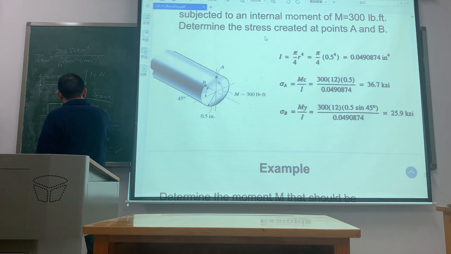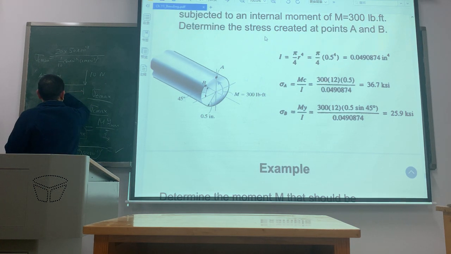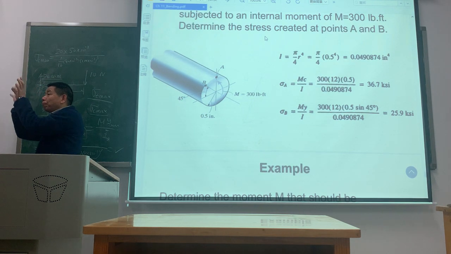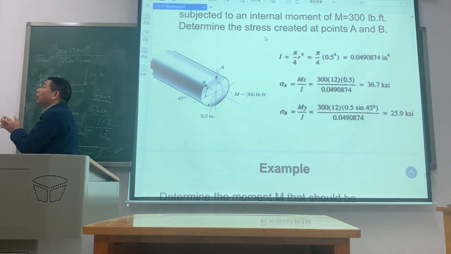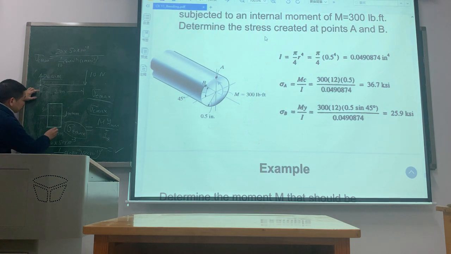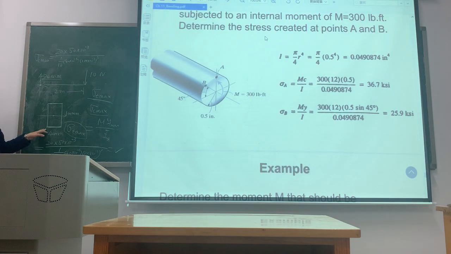From the bending moment, we know the compression is happening on the bottom, because the beam bends like this.